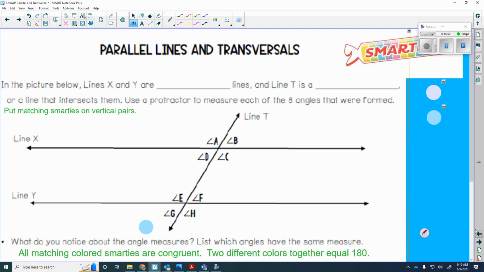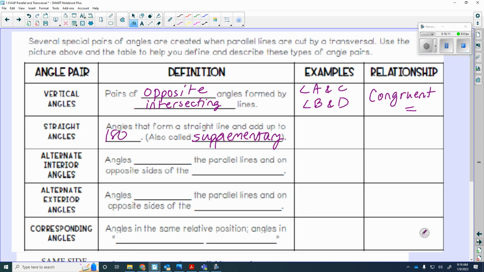Supplementary. So going back over here, what would that be? A and B, G and H, sure. It's anything that makes a straight line. A and B, G and H. Okay? Okay, here's a new word for us. Alternate interior.